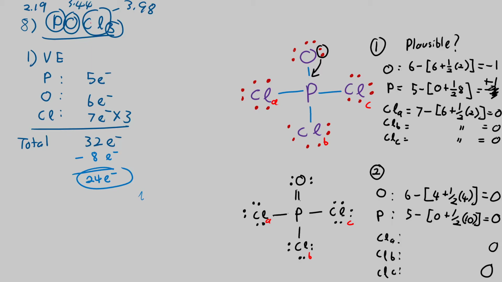So pandangan korang, which one is the more plausible Lewis structure? A ke B? 1 ke 2? Untuk 1 ke 2? 2. Yes, 2. The reason is it is the lowest formal charge, which is semua 0. Okay. Kalau boleh every single molecule dia nak 0.